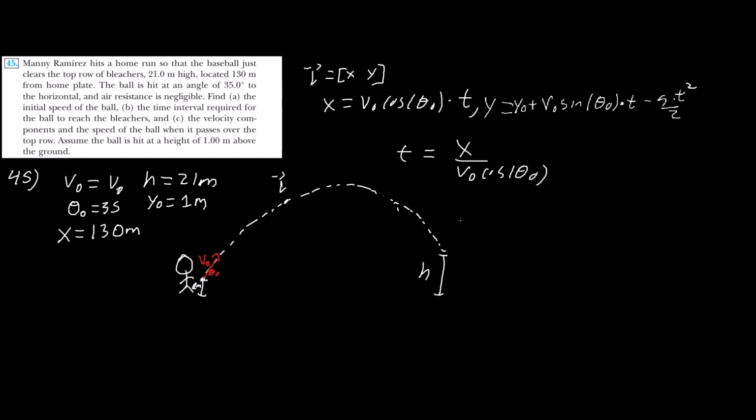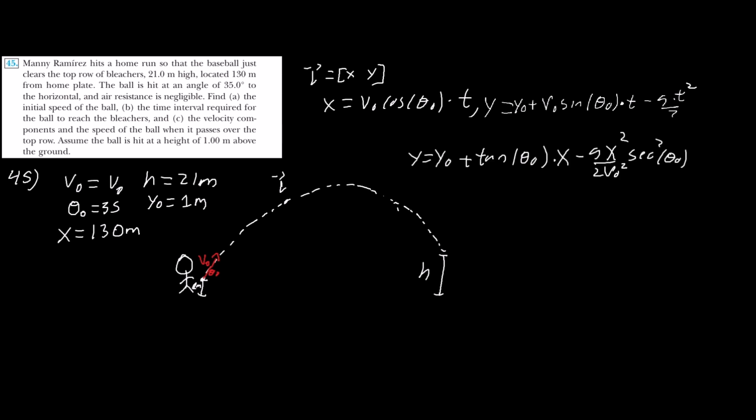Once you work that out, you should get y equals y naught plus tangent of theta naught times x, minus g x squared over 2 v naught squared times secant squared of theta naught. Once you solve for that, you should have that equation.